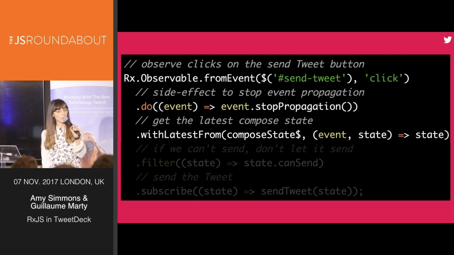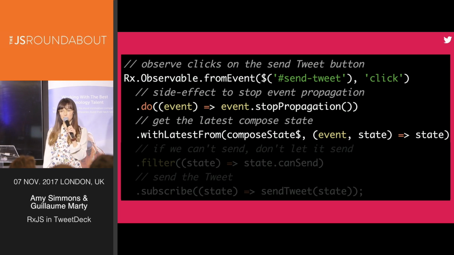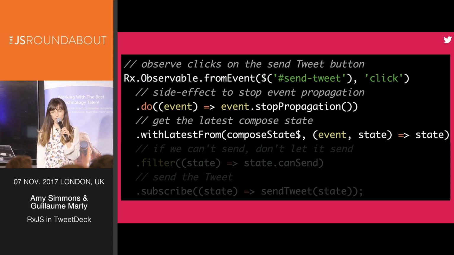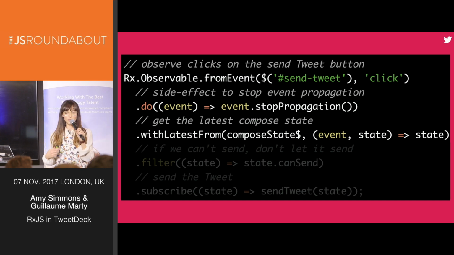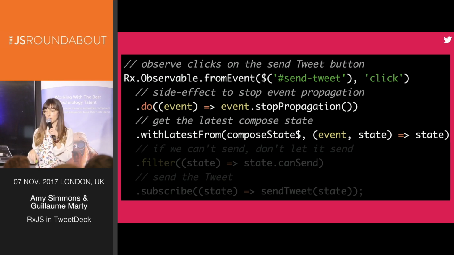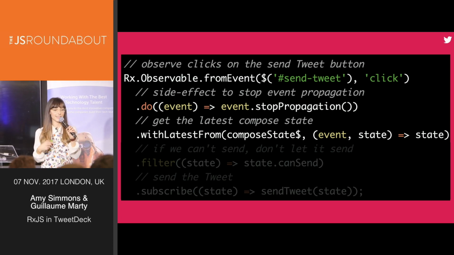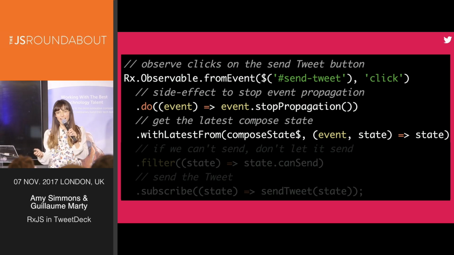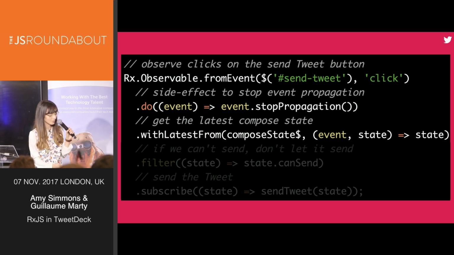And then we want to get the latest value that's been emitted on another observable, called compose state. It's a bit of a weird name, but that observable contains the latest information as to whether or not the user, at the point in time at which they've clicked on the tweet button, can send the tweet. So compose state contains the information regarding the character limit and the confirmation and everything that I mentioned before.